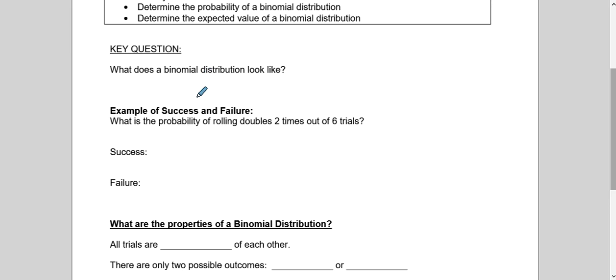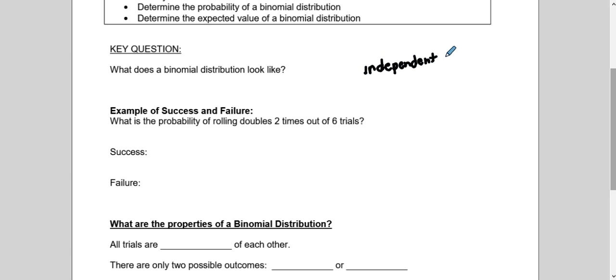It's based on the idea of success and failure. So if I'm looking at the probability of rolling doubles 2 times in 6 trials, a binomial distribution has independent events.